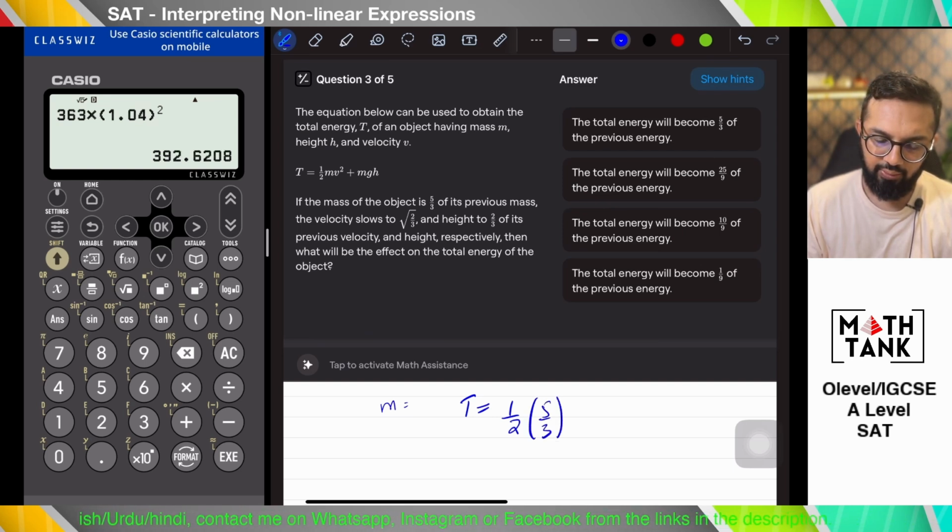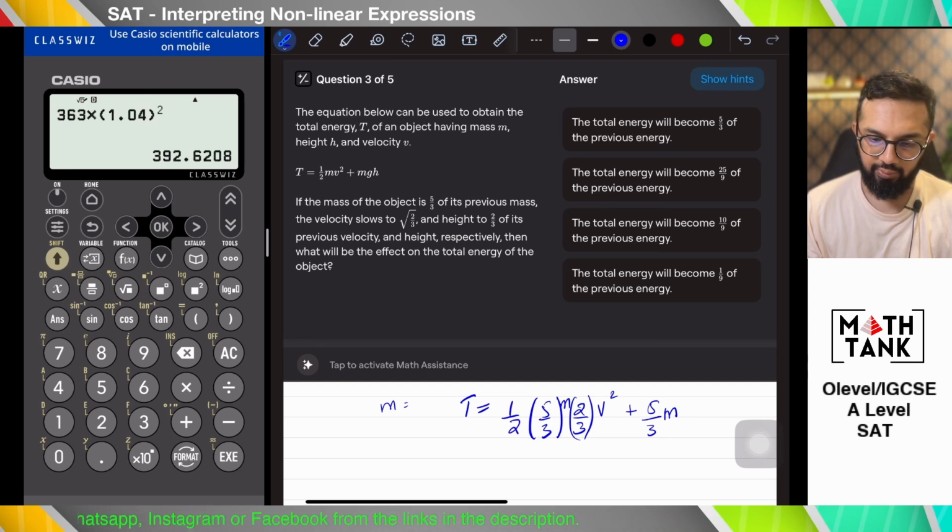The velocity slows to, so it becomes 2/3 m and v square, okay, plus 5/3 m, height also to 2/3.